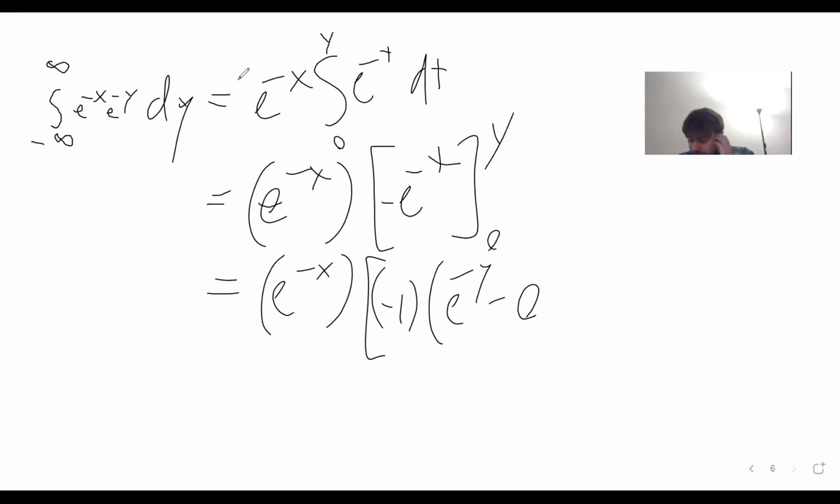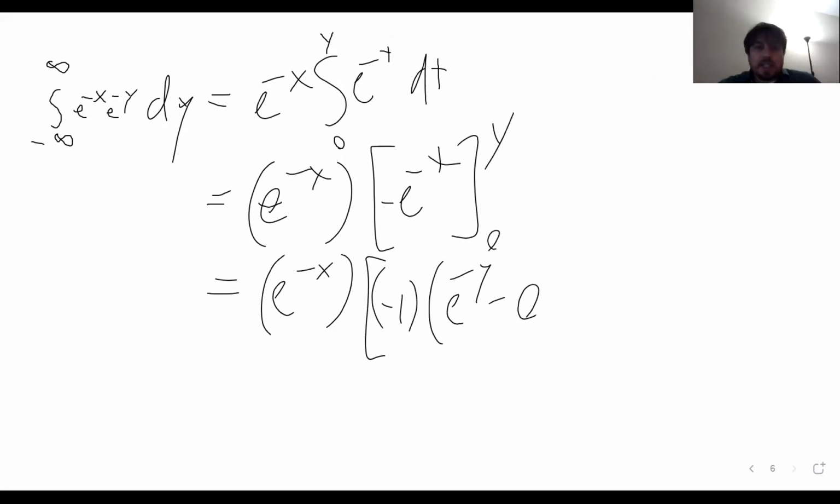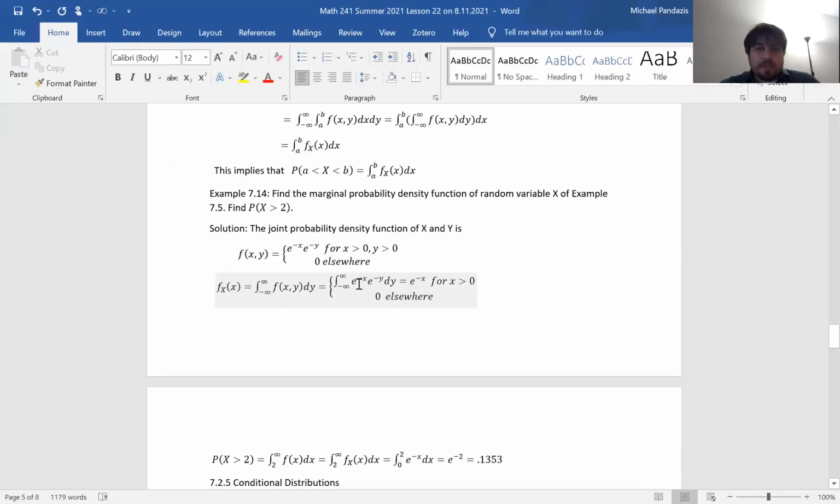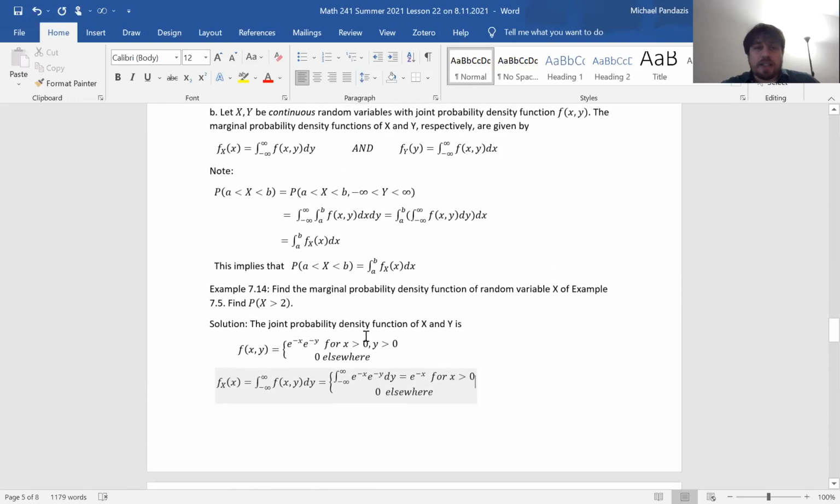Oh, sorry, we're integrating from negative infinity to infinity, right? Okay, and for y positive, you have that this is positive. So you're integrating from 0 to infinity, because you have this thing for all y positive, and you're integrating to infinity.